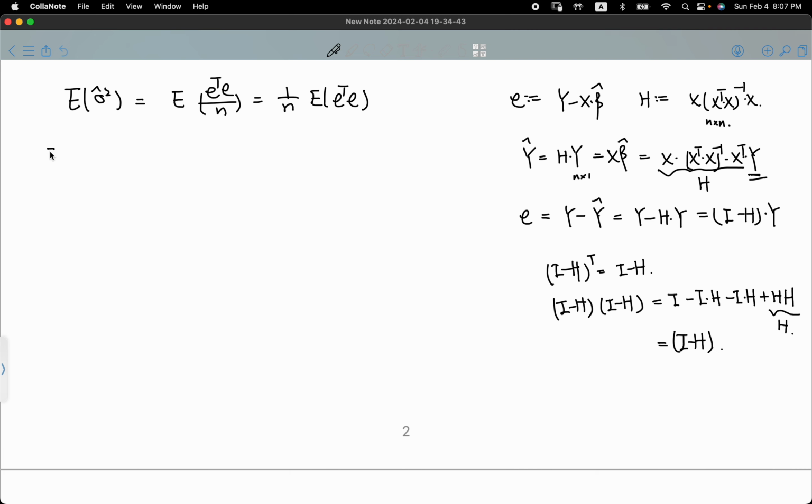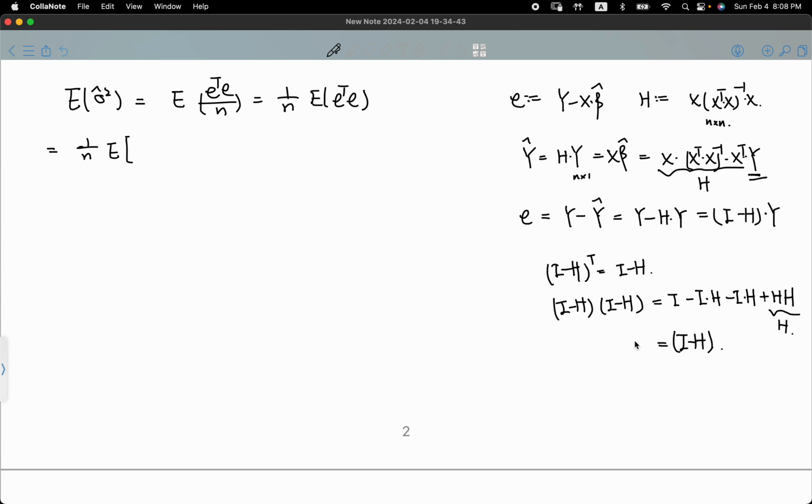Now back to our original question. 1 over n, y multiplied by I minus H. Okay, so this should also work, but let's not yet finish this.